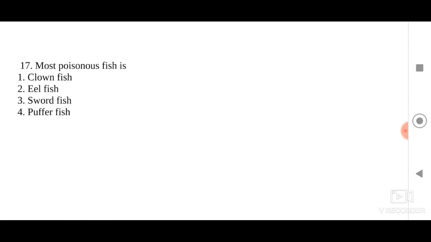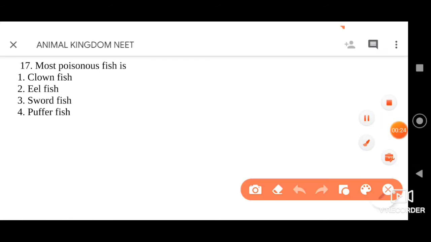In fact, the most poisonous fish is the puffer fish, which every one of us knows. Let us understand why it is the most poisonous fish. First let us understand about puffer fish, which is the answer for this question, but also understand about the other fishes as well.